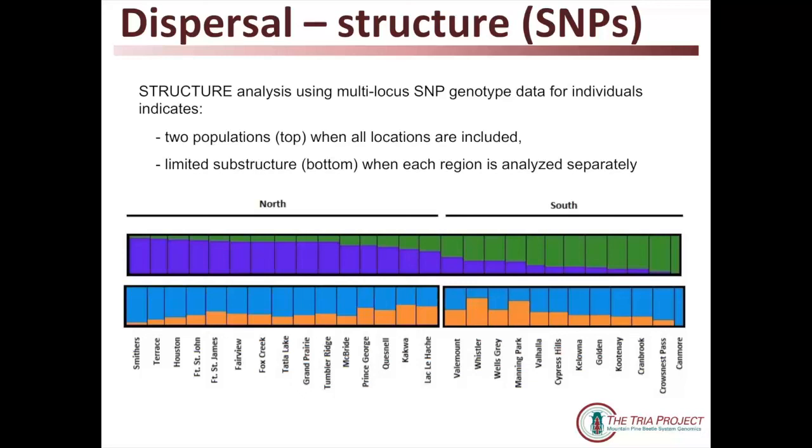Whereas if you look at only the northern ones or only the southern ones, then there's a lot less structure within each of those. And in fact, the numbers aren't shown here. This structure is a good deal weaker as well, even though the program has forced it into looking at this sort of two categories. Okay, so once again, there is some structure that is fairly geographically determined.